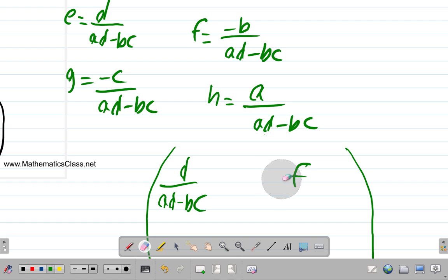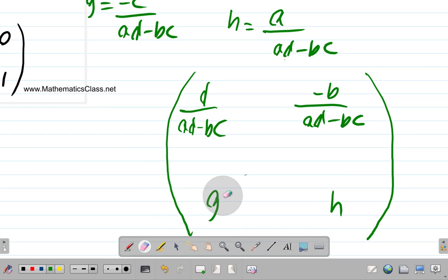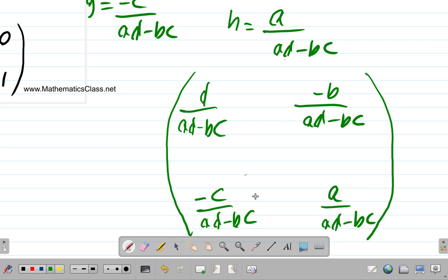F is minus B divided by AD minus BC. As for G, G is negative C divided by AD minus BC. And then H is equal to A divided by AD minus BC.